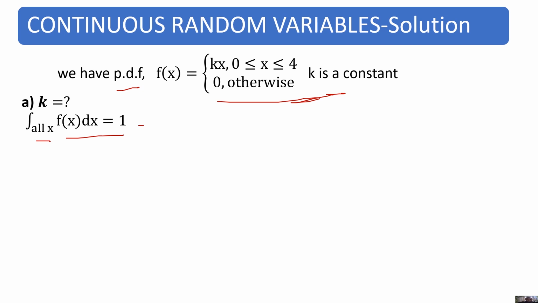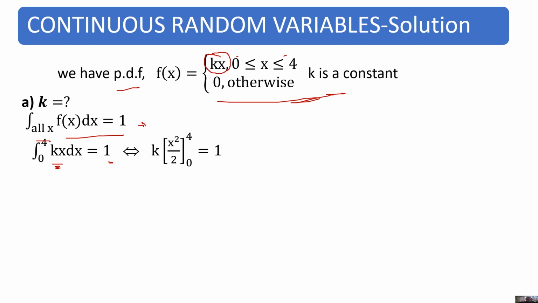When you apply this property, it is equal to the integral from 0 to 4 of kx dx is equal to 1. Here we integrate from 0 to 4 since we have the interval 0 and 4, and we take this part that contains kx. Then we integrate with respect to x, and this is equal to 1.